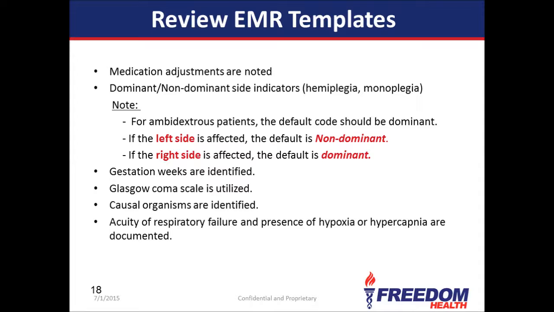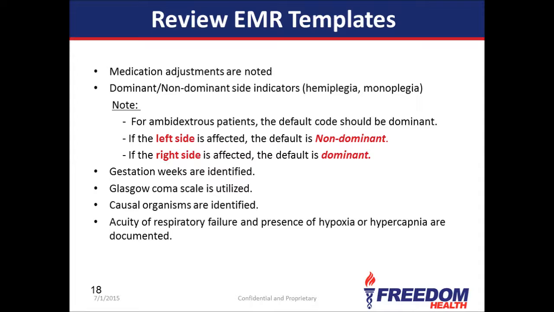This is the situation where you do not know if the patient is dominant or non-dominant on the side of the injury. If the patient is right-sided, in terms of the injury, the default is dominant. Very simple. All we're doing is we're assuming when we don't know that most people are right side dominant and left side non-dominant. If you know, obviously you use the information that you know.